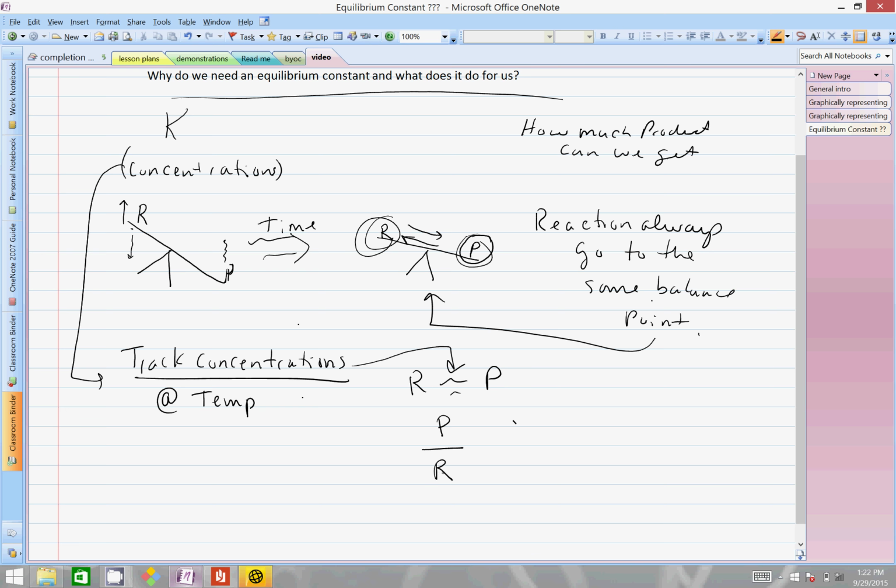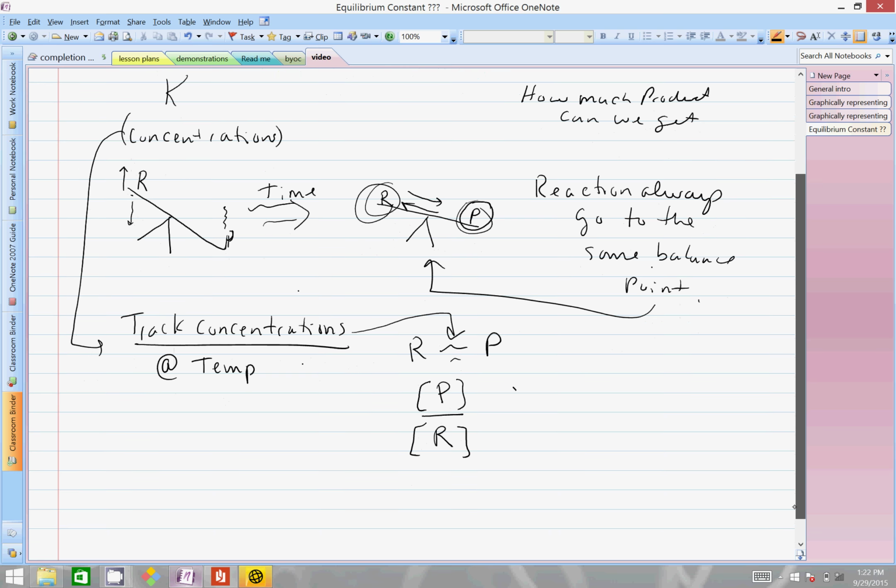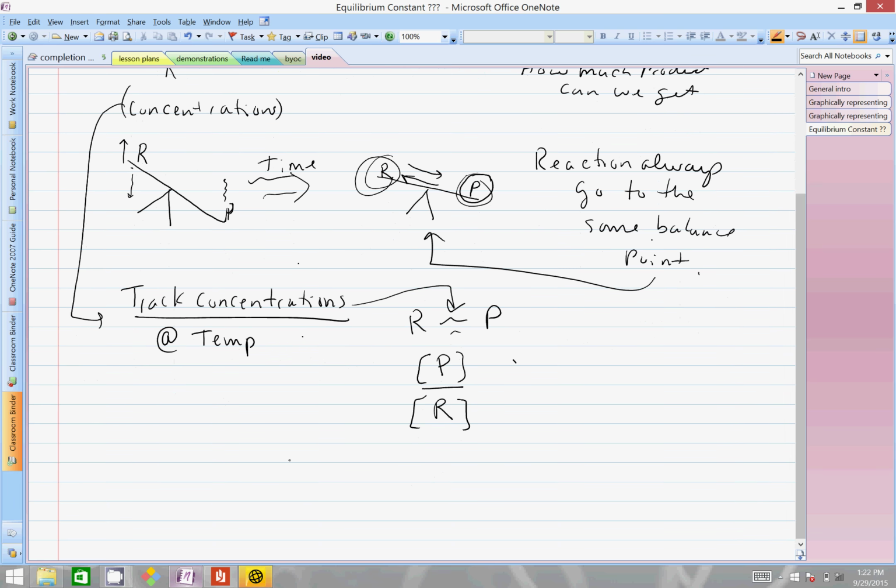This relationship had to do with the concentrations of the products and the concentrations of the reactants, and that is fairly important in that since we are tracking concentrations, brackets mean molarity.